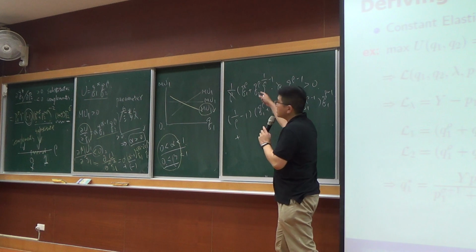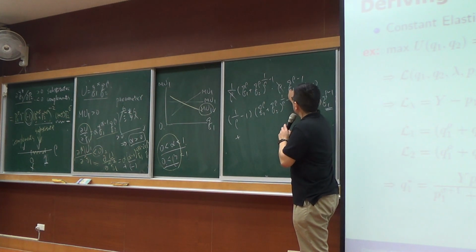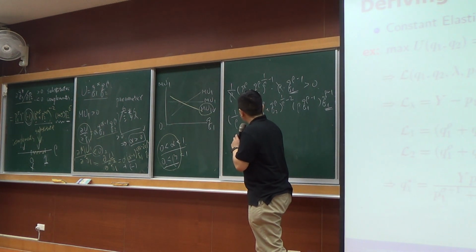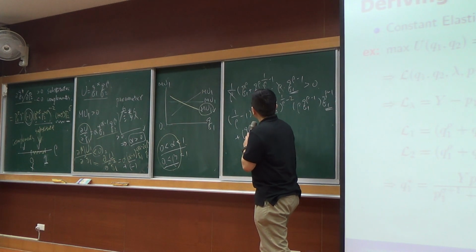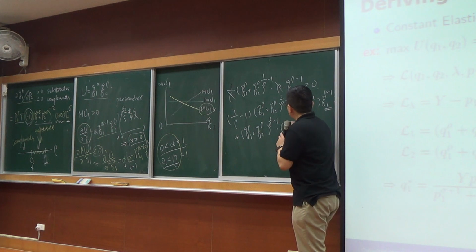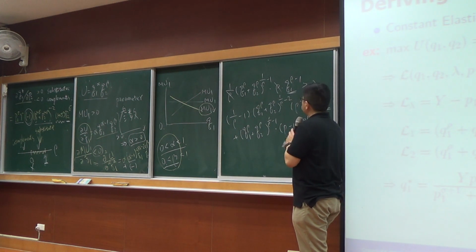We have dealt with the first term and held the second term unchanged. And then we hold the first term, q1 rho plus q2 rho, to the power of 1 over rho minus 1, and rho minus 1, q1 to the power of rho minus 2.